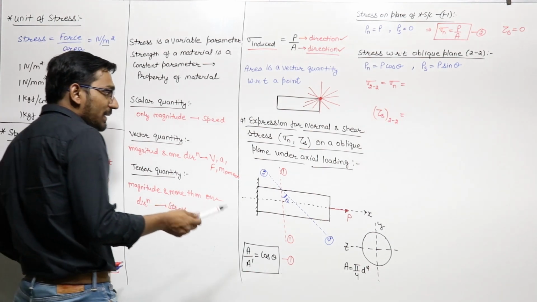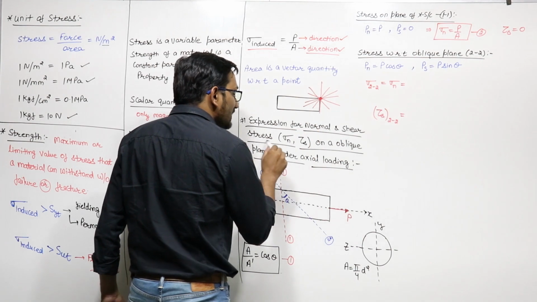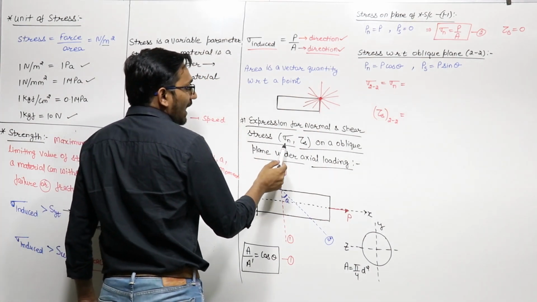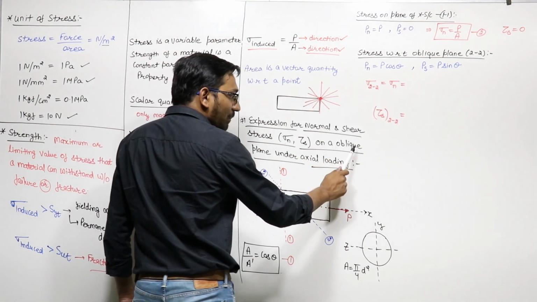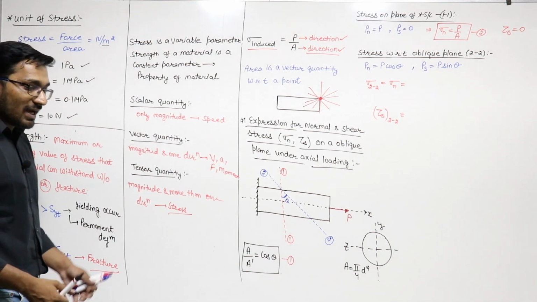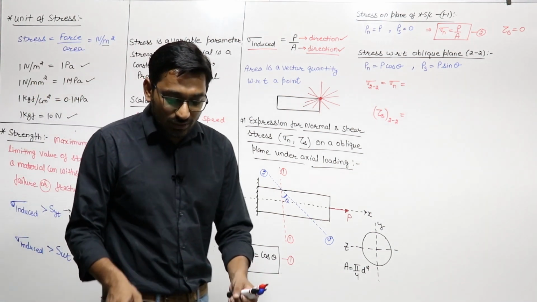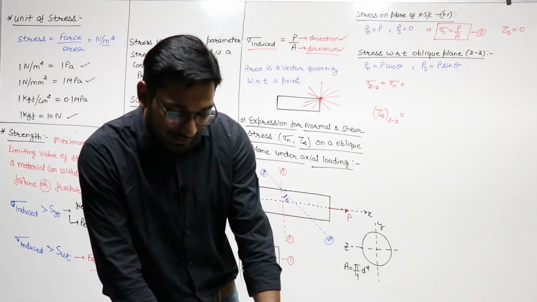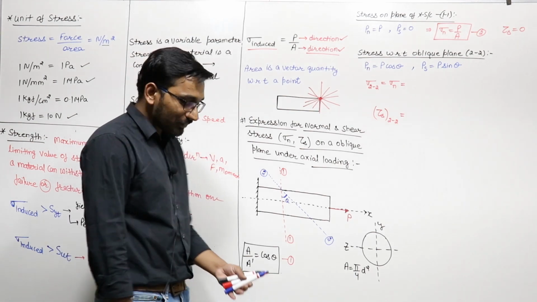The heading will be expression for normal stress sigma n and shear stress tau s on an oblique plane under axial loading. When a body is under axial load, what is the value of normal and shear stress on an oblique plane?